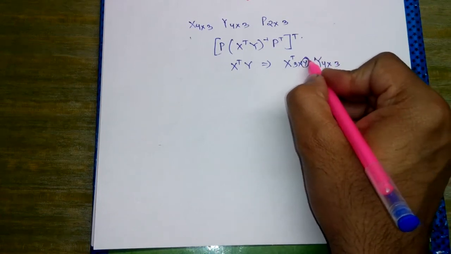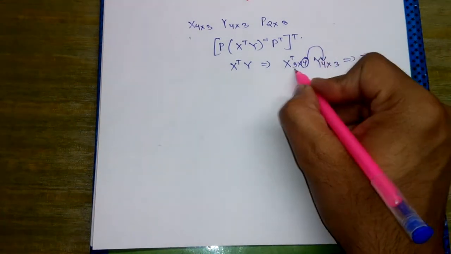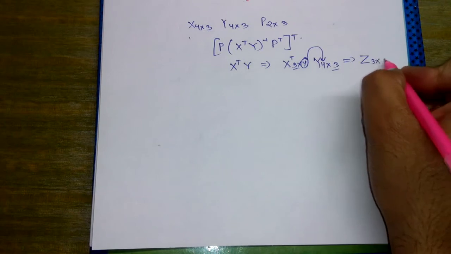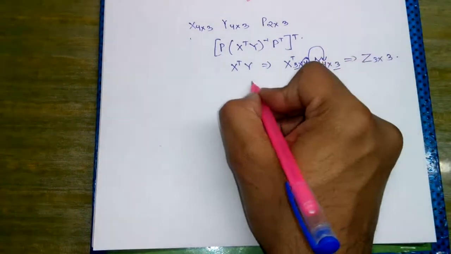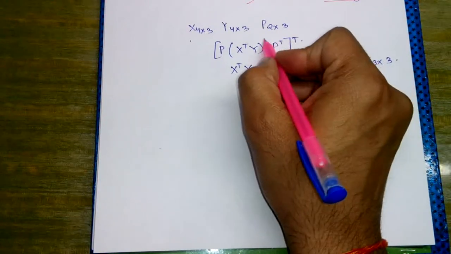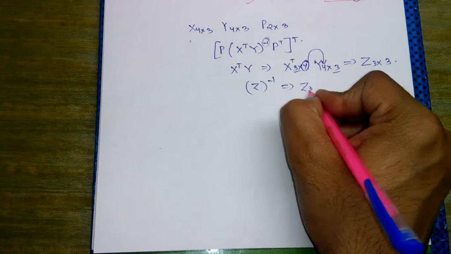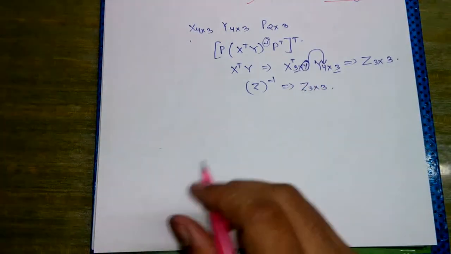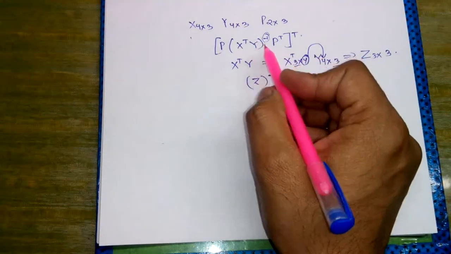So the column of this equals the row of this, hence the resultant, let us say Z, will have the order of 3 cross 3. Then Z inverse here, because it has been raised to the power of -1. So the order of Z remains 3 cross 3, because inverse does not change the order of the matrix.